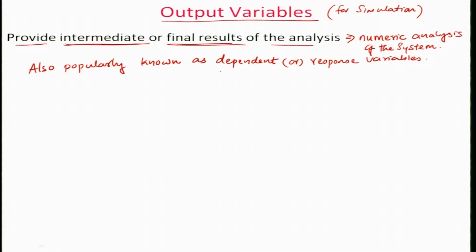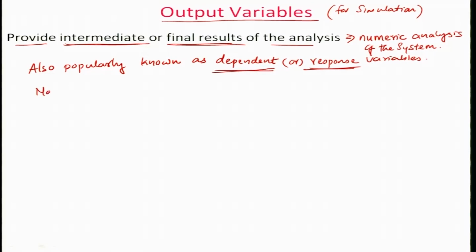See, when somebody says they are talking about the dependent variable or response variable, they are talking about the output variables, and the output variables provide you an intermediary or a final result as part of the numeric analysis of the system. So, the same term, the dependent variable or the response variable that people use, is the same as an output variable. Okay.